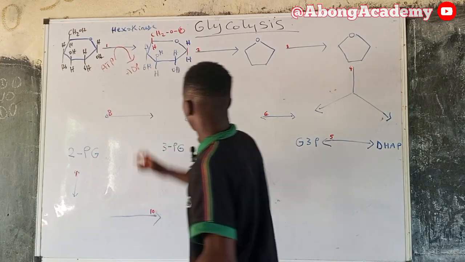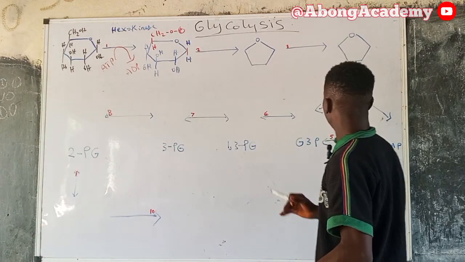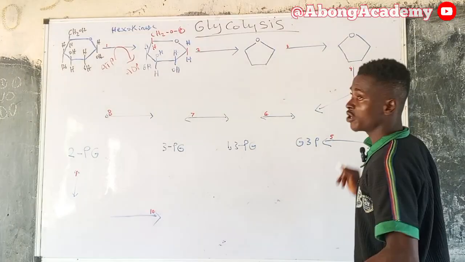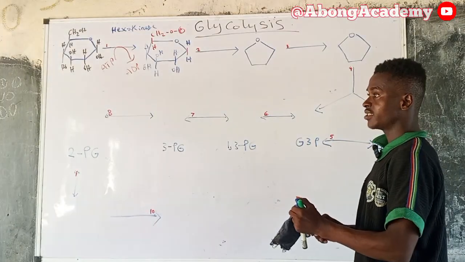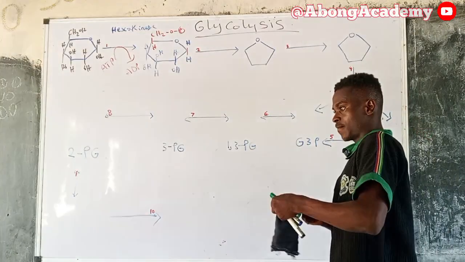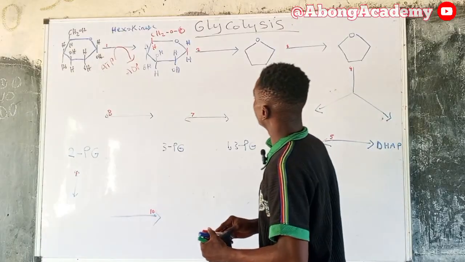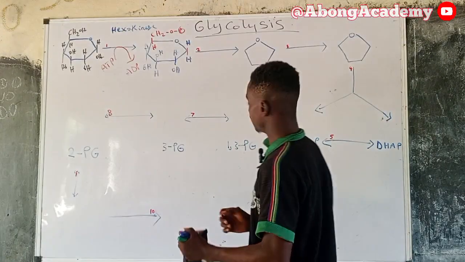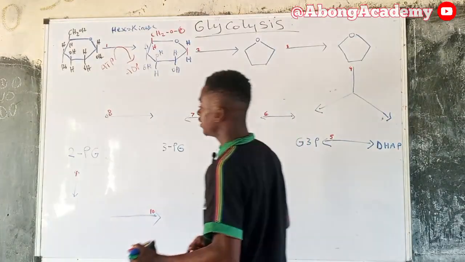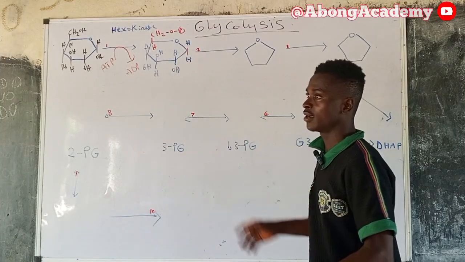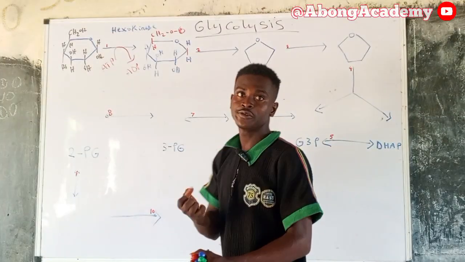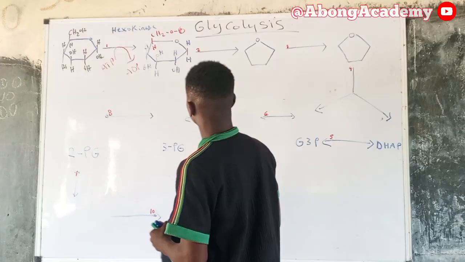ADP. If you look carefully, the first 5 steps of this pathway are the energy requiring phase, and the leftover steps are the energy yielding phase.